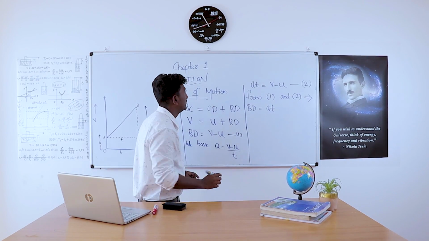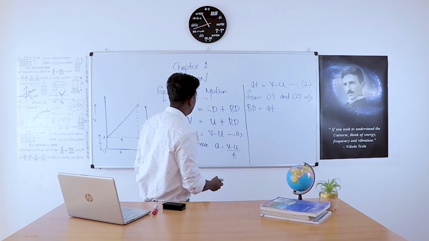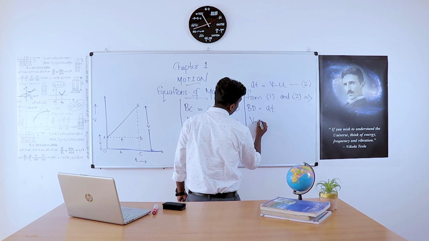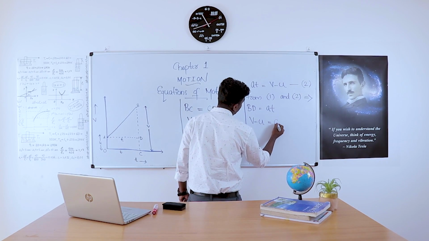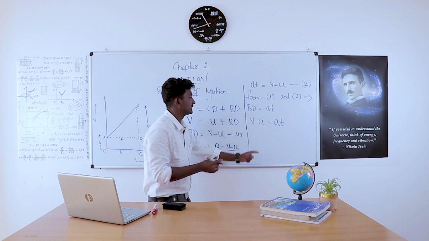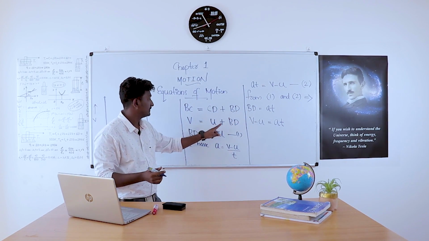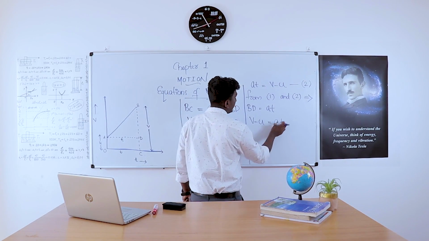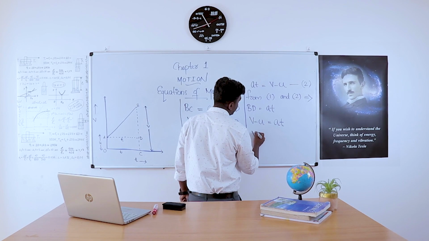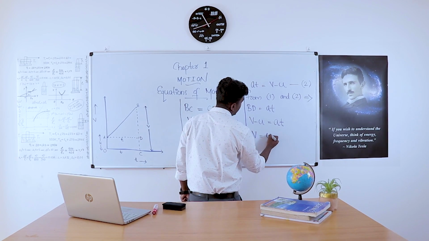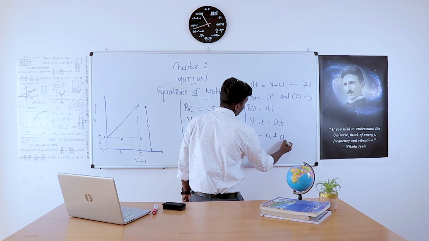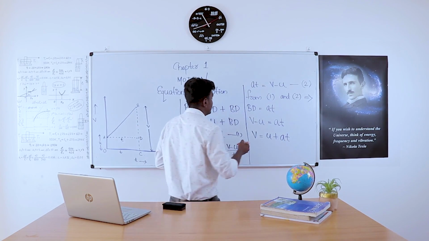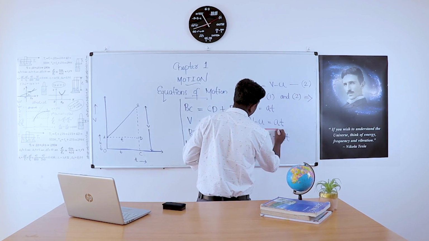Substituting this value in equation 1, we get V minus U is equal to AT. Shifting the minus U to the right hand side, it becomes positive. Then we can write V is equal to U plus AT.